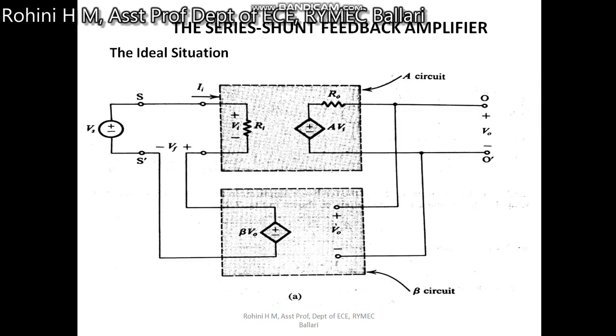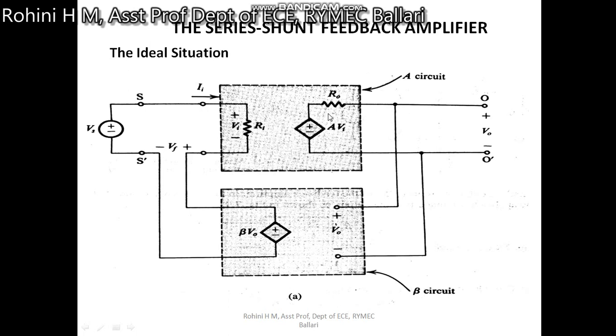Next, our discussion is the series shunt feedback amplifier. Only the quantitative analysis is there in your syllabus. This is the ideal series shunt feedback amplifier. You can see that this is a feedback circuit, so it is called the beta circuit.